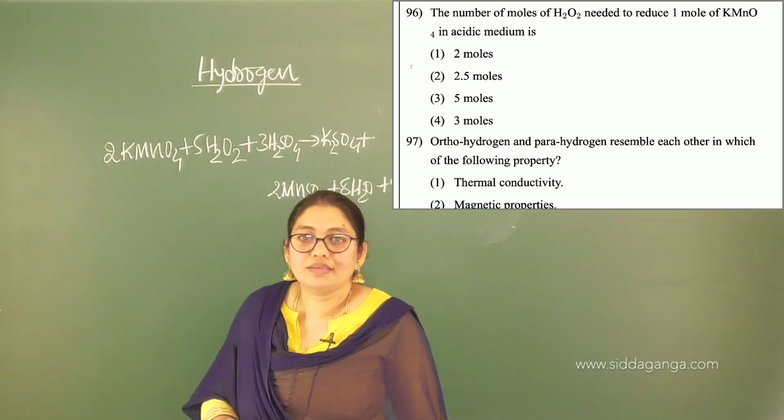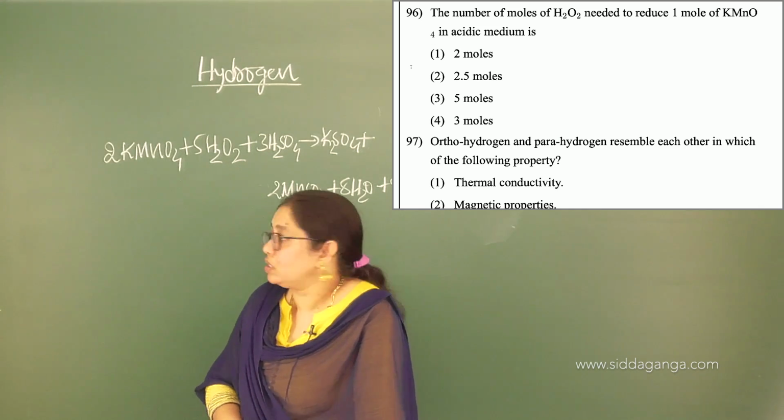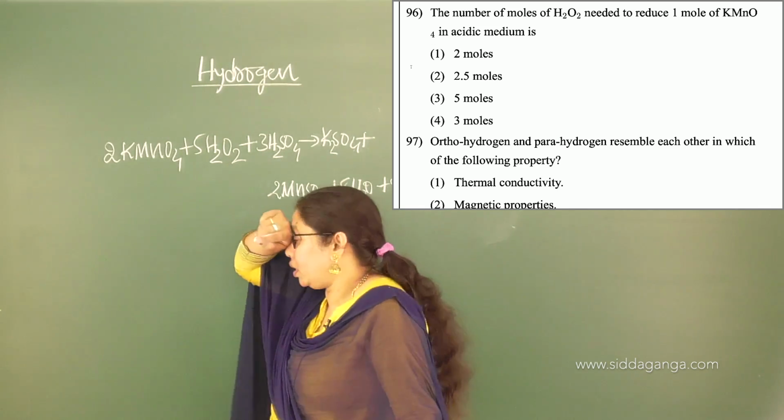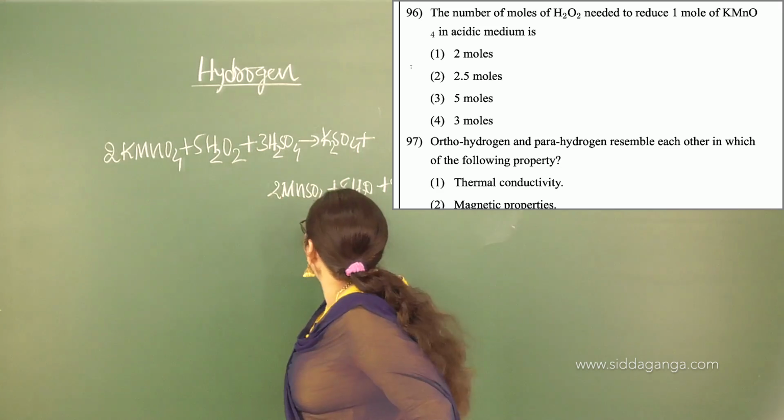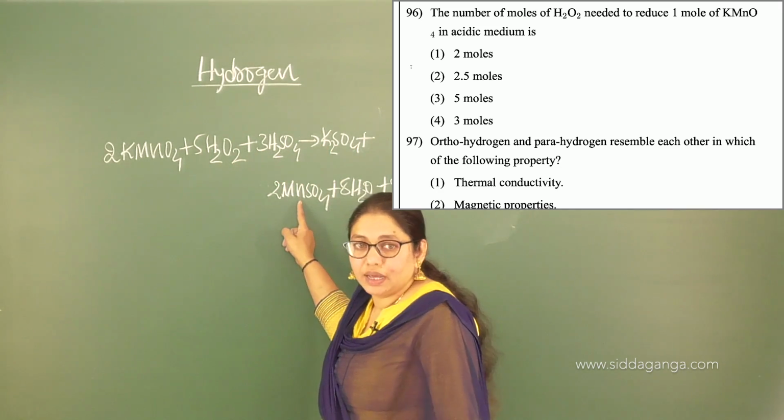The H2O2 is acting as a reducing agent. It is reducing KMnO4 to MnSO4.